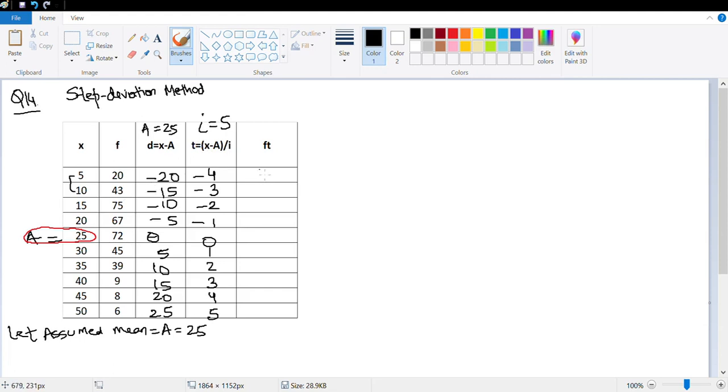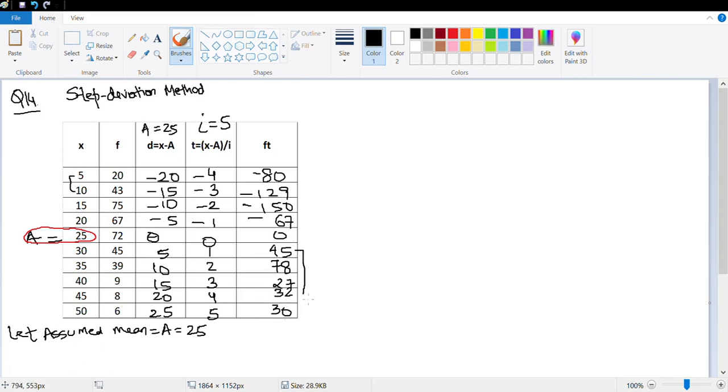So 20 into negative 4, that's negative 80. 43 into negative 3, that's negative 129. Next is negative 150. 67 into 1, negative 67. That's 0. This is 45. That's 39 into 2, 78. 9 into 3, 27. 8 into 4, 32. And 6 into 5, 30.